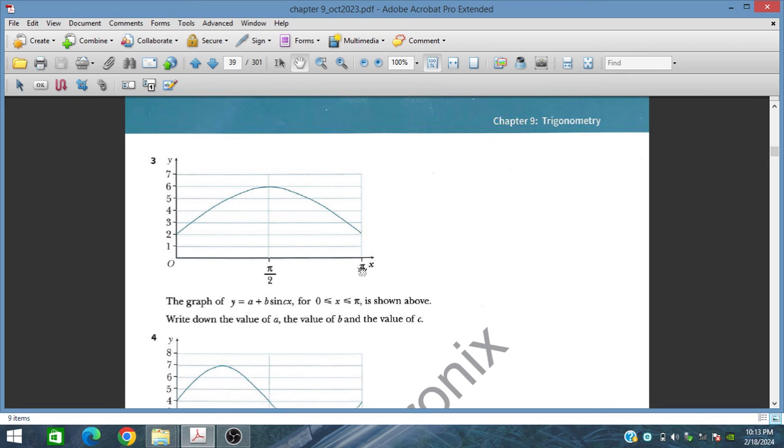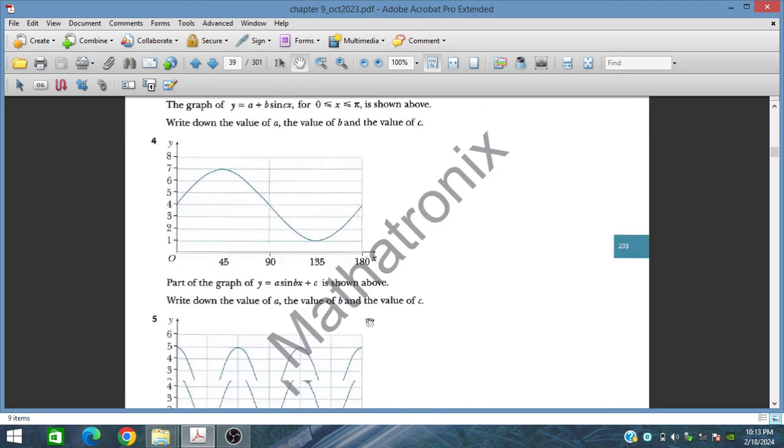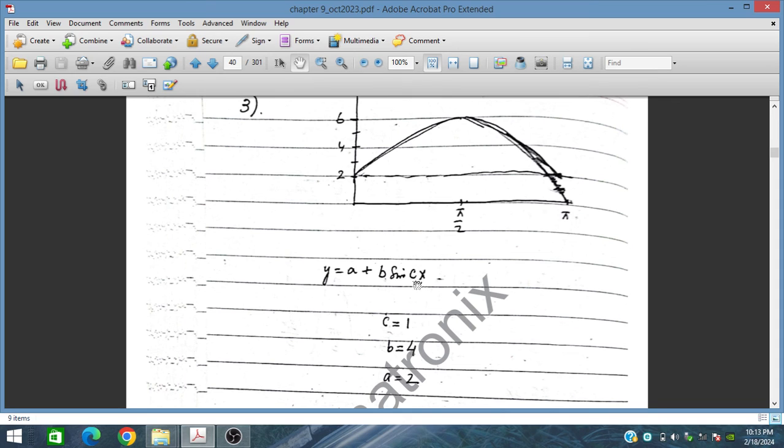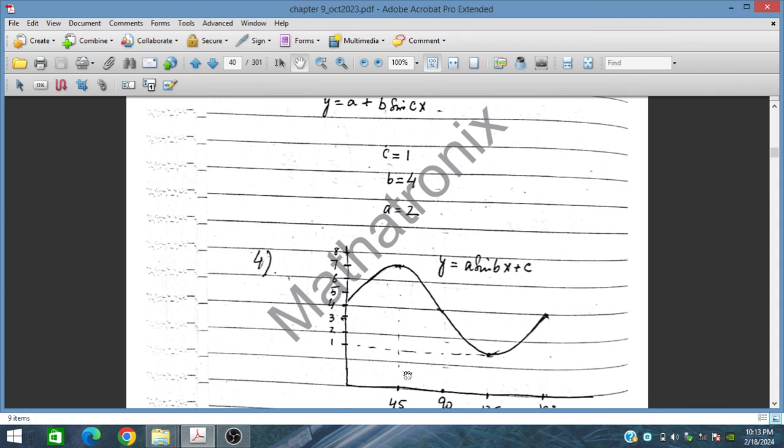Because 0 to pi degrees of sine is plotted, this is simple. So in this question we have this value. This C is 1 and B is 4, because 6 minus 2 is 4, so the magnitude is 4. And the intercept value, because we have shifted it to 2, is 2.